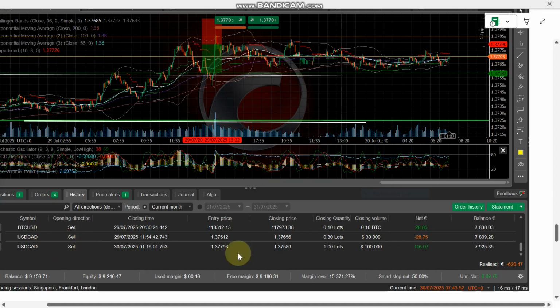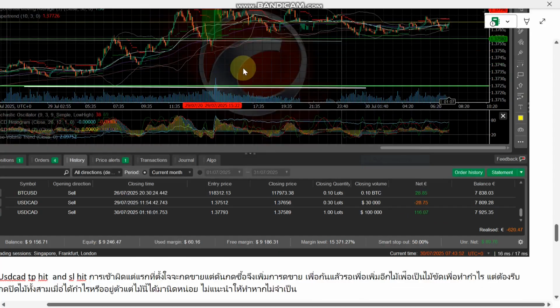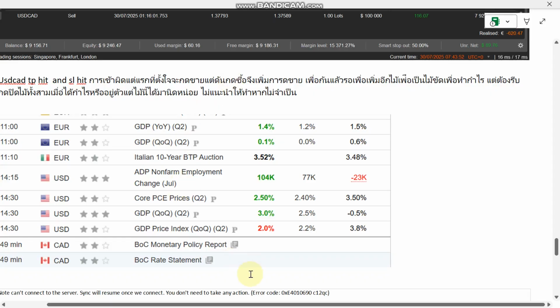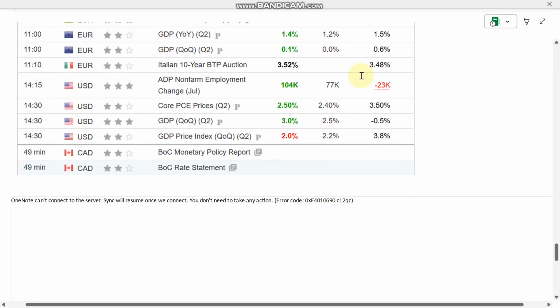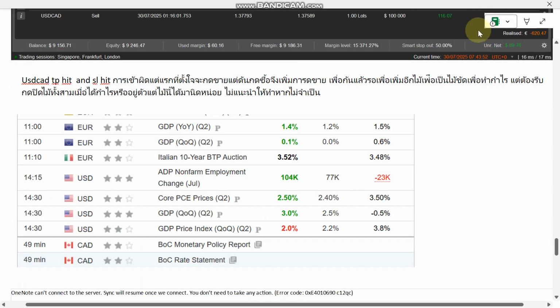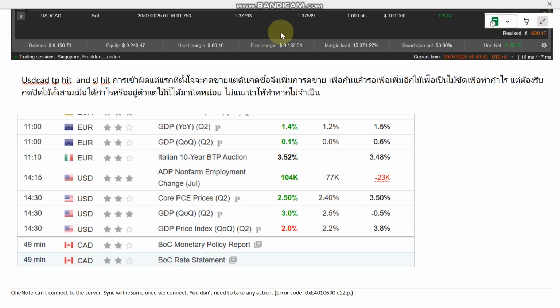My sell didn't make it, stop loss hit. My buy, USD CAD take profit hit, but my take profit is more than my loss, so success. Next one, USD news and things like that. Okay, this day is gone.